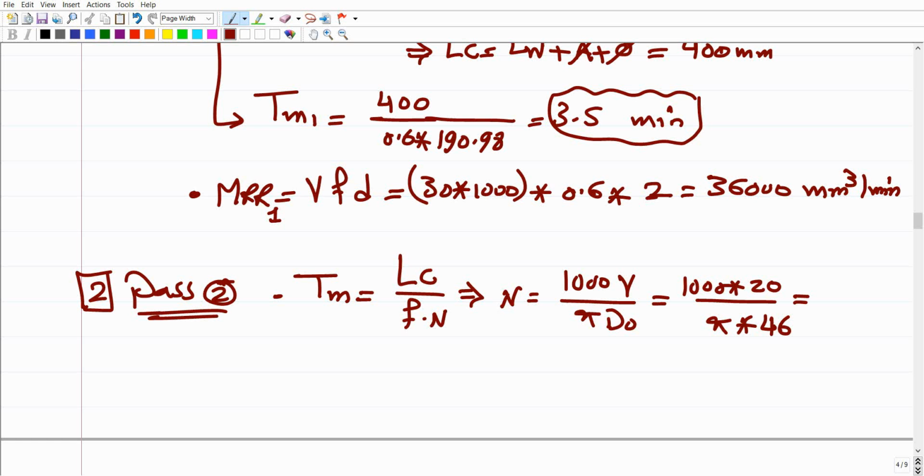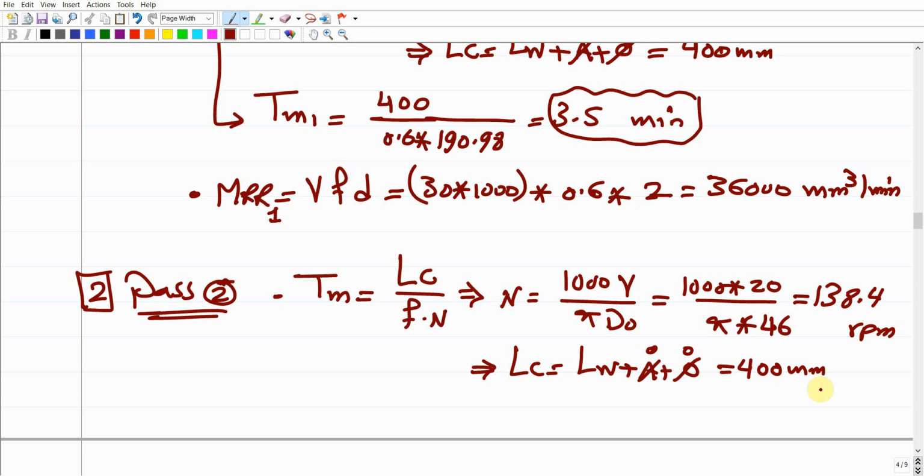So 1000 times 20 divided by pi times 46 is going to give us 138.4 RPM. Then LC, we said it is LW plus the approach plus the over travel, which are 0, so we end up with 400 millimeters as we calculated before.